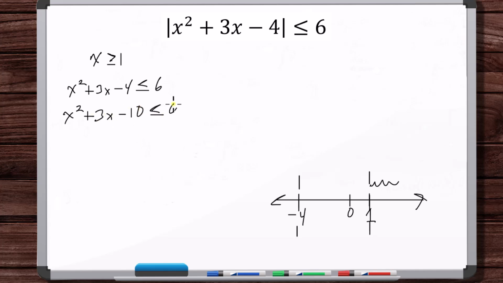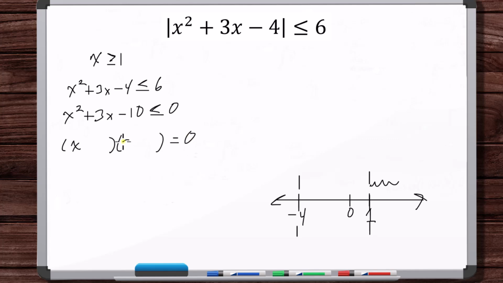Get this. And then now we need to analyze this expression for all the regions where it's positive or negative. And then we can read off from that analysis where it is less than or equal to 0, and write those intervals out. So, where is x squared plus 3x minus 10 equal to 0?